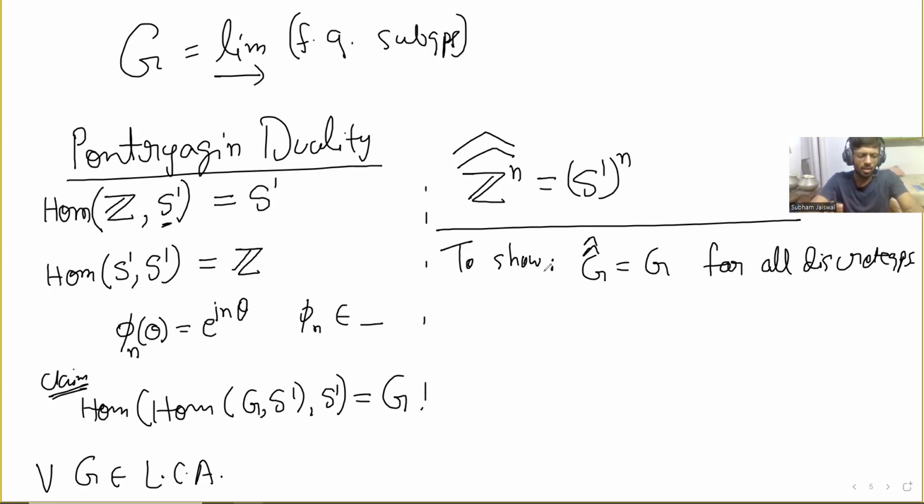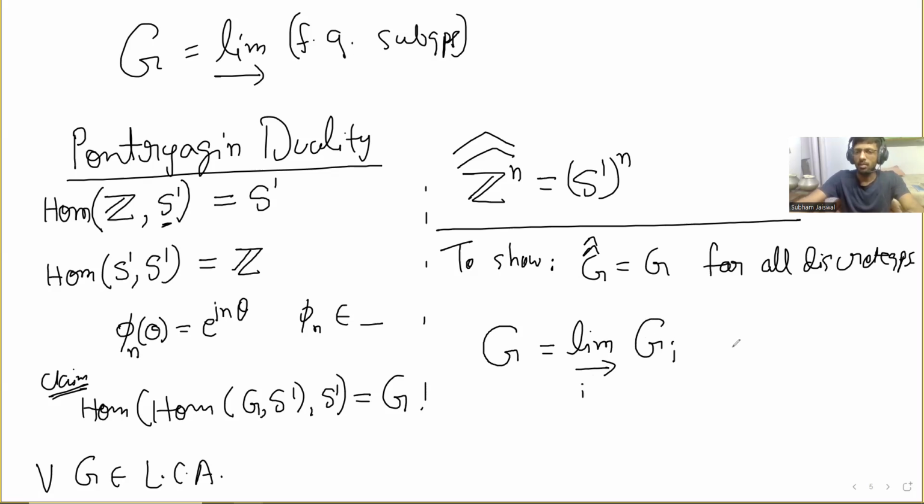Here we would have to come up with a statement like this: every discrete group is a direct limit of elementary discrete groups.